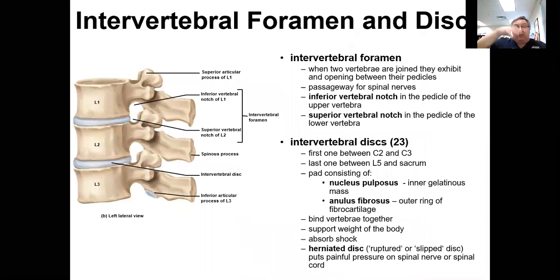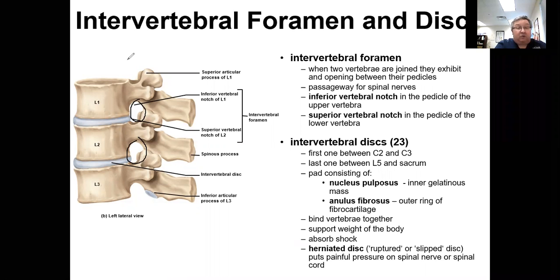When the vertebrae articulate with each other, they create an intervertebral foramen. Between the vertebra, there's a hole. That's what that means. A foramen means hole. And this intervertebral foramen, which is located right here and right here, is a passageway for the spinal nerves.